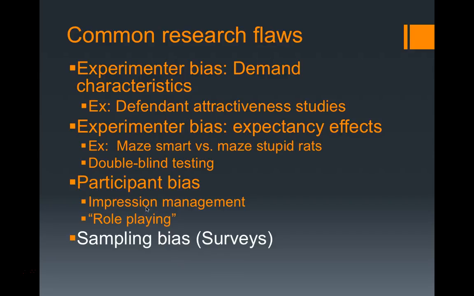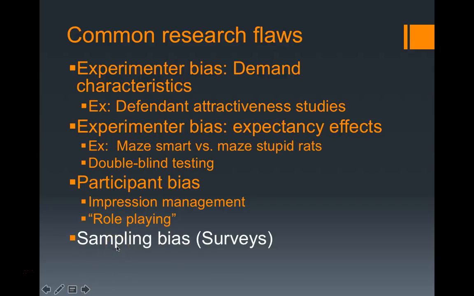They're just behaving. So one tries to design manipulations and procedures that create a lot of realism and immediacy, so that the person is psychologically engaged and therefore acting naturally, and we're getting valid responses.